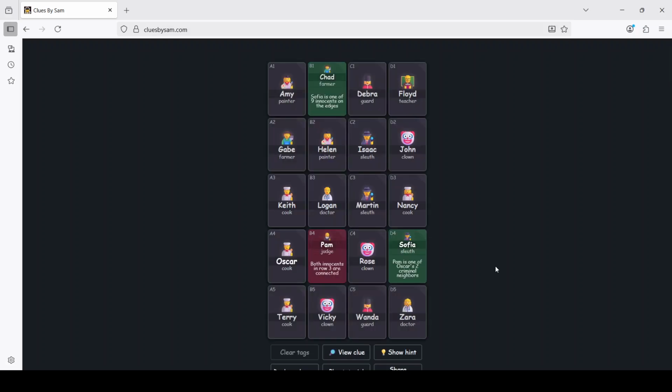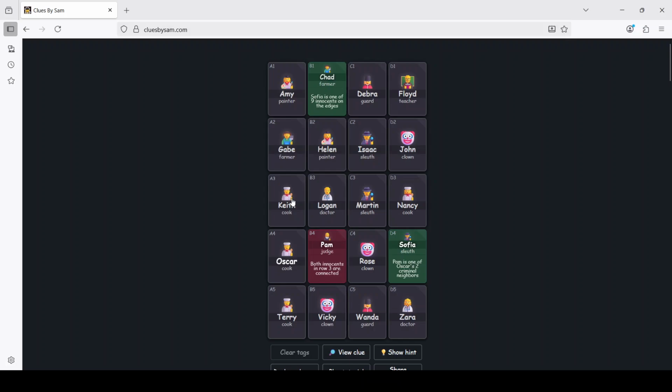Pam is now saying both innocents in row 3 are connected. Let's combine this with our knowledge that Oscar only has 2 criminal neighbors. The most neighbors, in addition to Pam, that are criminal Oscar can have is one more criminal neighbor.